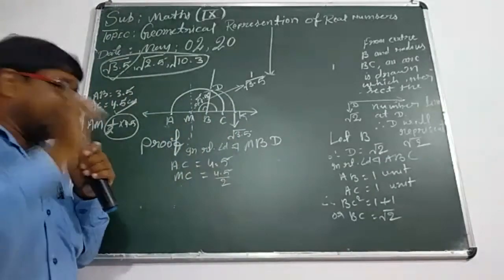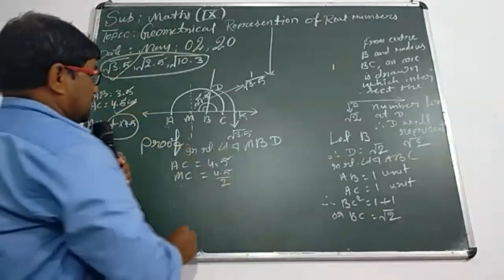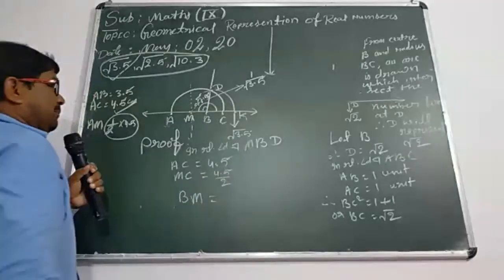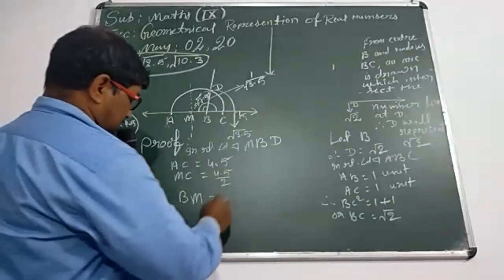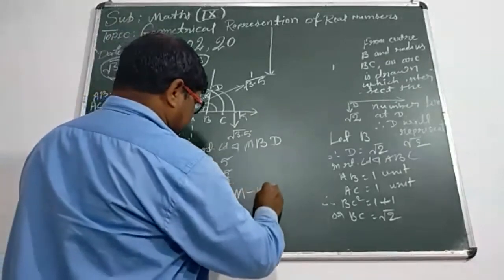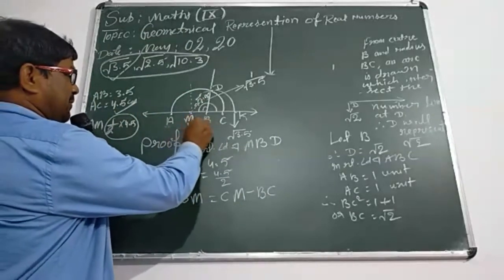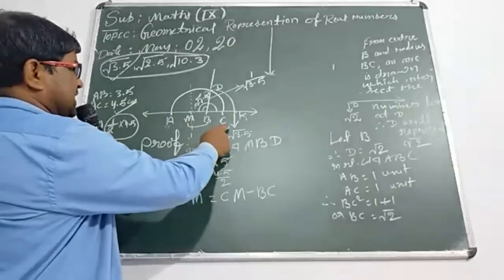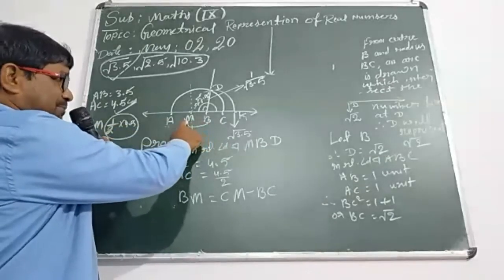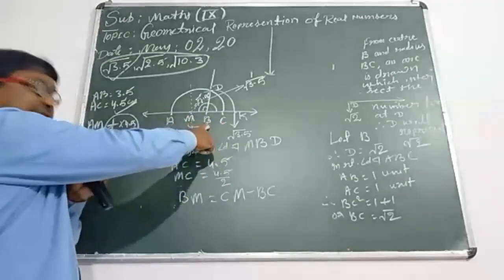Are you thinking, are you understanding properly? MC equals 4.5 upon 2. Now students, we should think about BM. BM equals CM minus BC. OK, you want the distance BM, so BM equals CM minus BC.